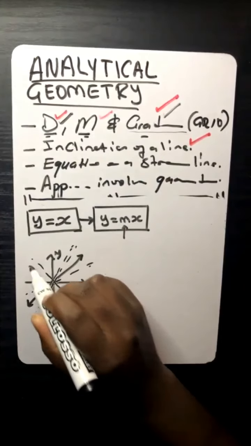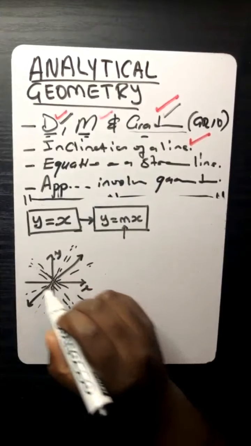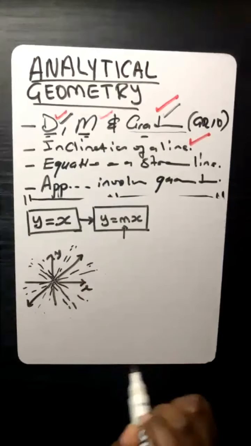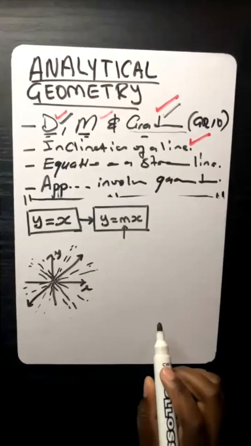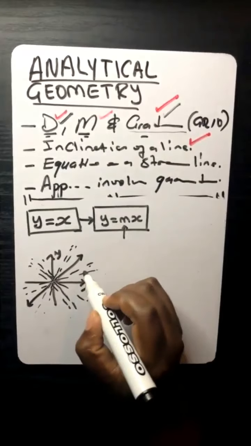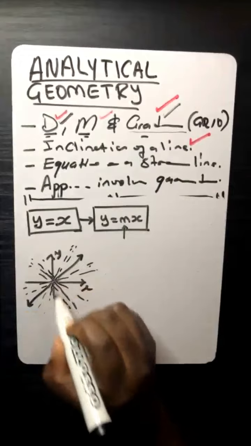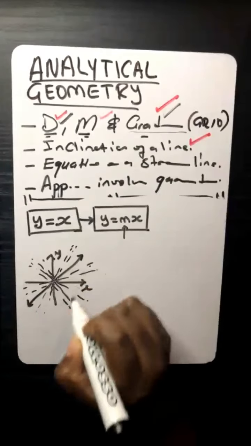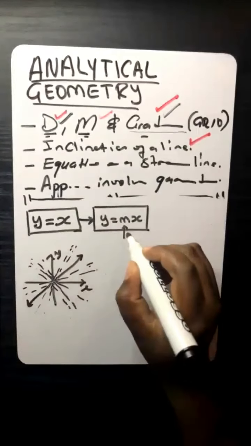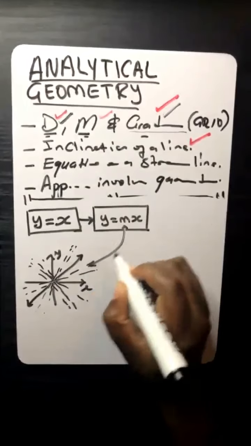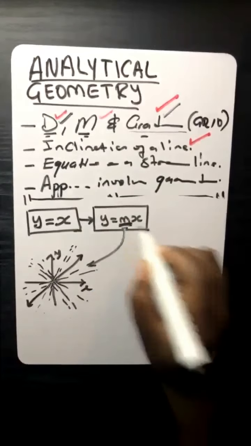When we say y is equal to mx, that's when we have these lines which I've drawn with a broken line because of different gradients. That's why on the formula we introduce that m.